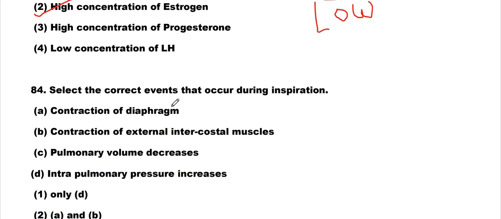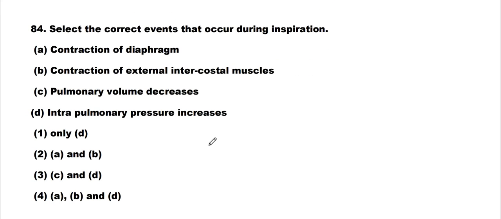Next, 84. Select the correct events that occur during inspiration. One thing you have to remember, inspiration is an active process which involves the contraction of muscles. So let us find out what the events are. First, A, contraction of diaphragm. Yes, phrenic muscles contract. Correct. Contraction of external intercostal muscles.